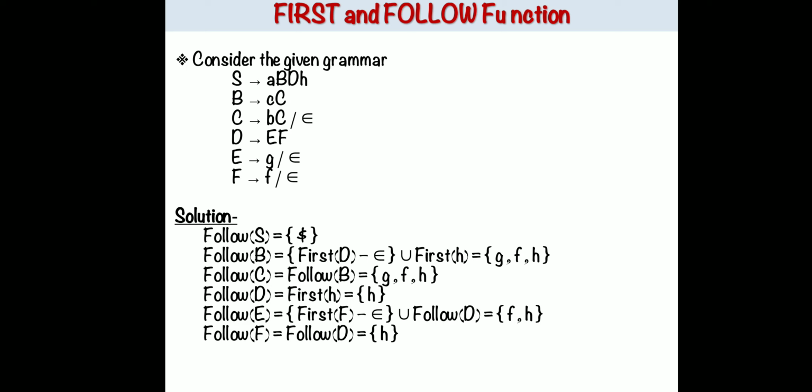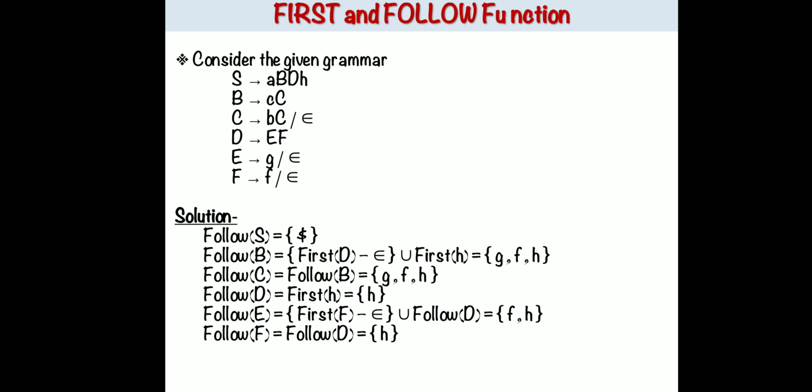After that we will calculate follow of E. We take the production D arrow E F, A arrow alpha B, where F contains null. If F contains null, then we take first of F minus null, eliminating the null, and after that it is followed by follow of D. Why?